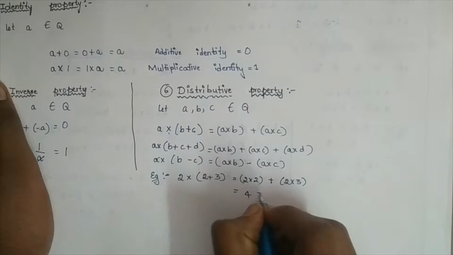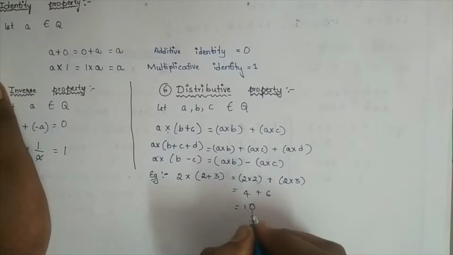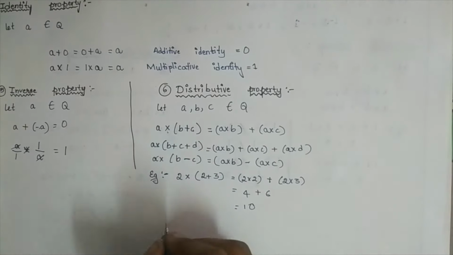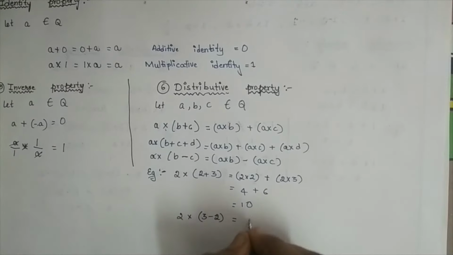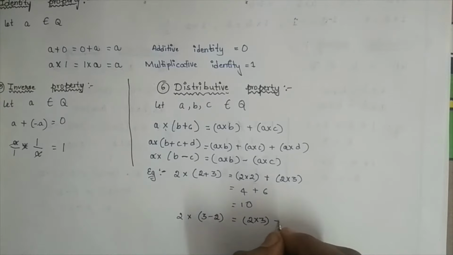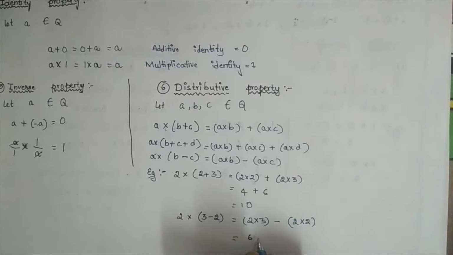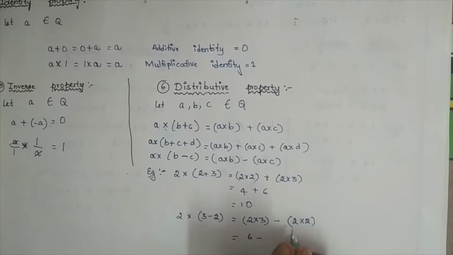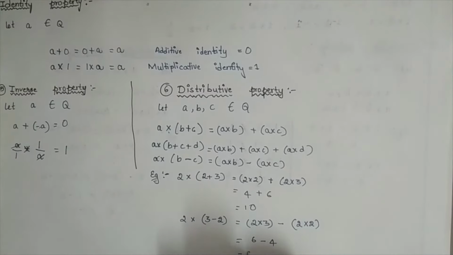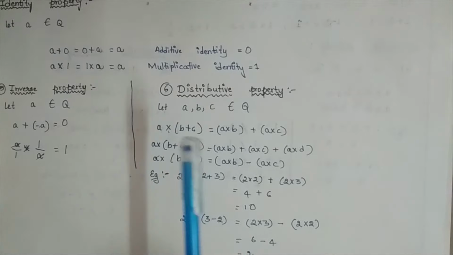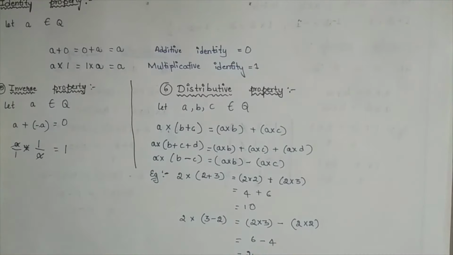So 4 plus 6, which is nothing but 10. Under subtraction, if you see 2 into (3 minus 2) is equal to 2 into 3 minus 2 into 2. 2 3s are 6 minus 2 2s are 4. So here we get 2. So these rational numbers satisfy the distributive property under addition and subtraction.